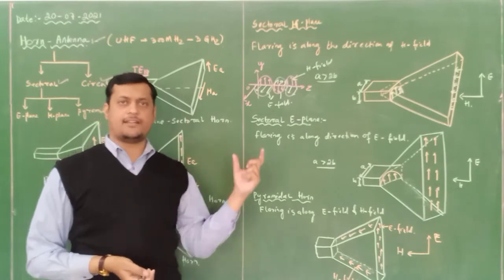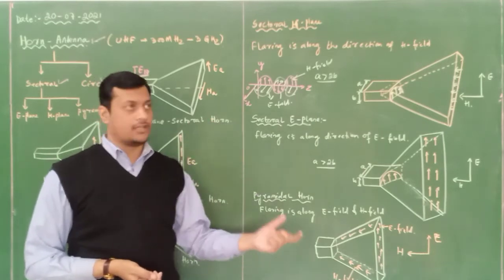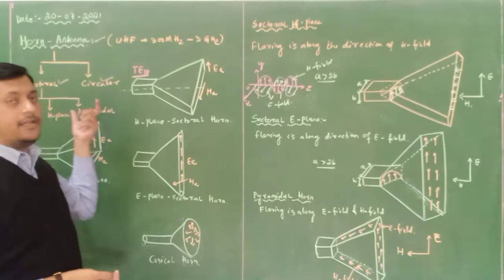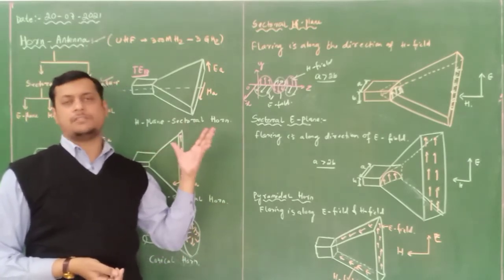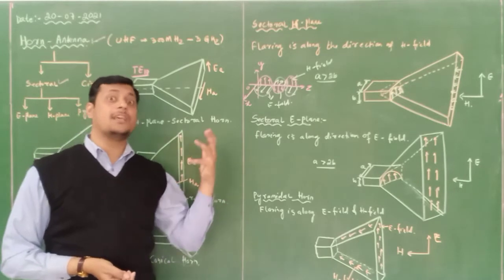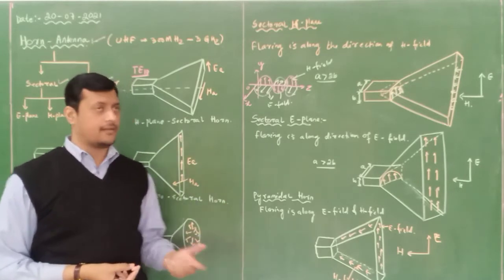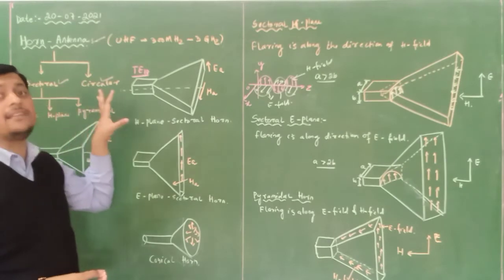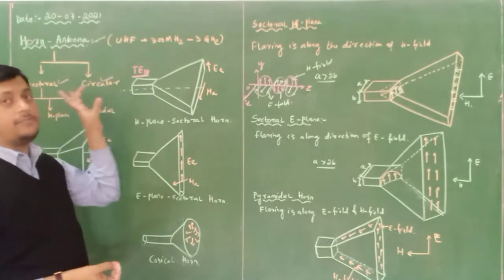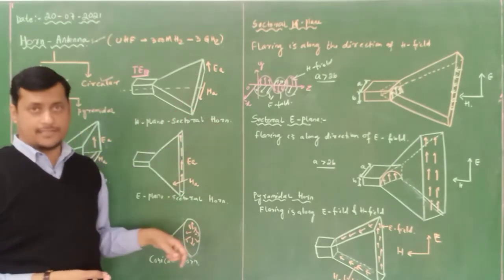So one is the sectoral antenna and one is the circular one. Sectoral is identified with respect to the rectangular system, and circular is identified with respect to the cylindrical system. Remember that: sectoral is for the rectangular waveguide system, and circular is for the cylindrical waveguide system.